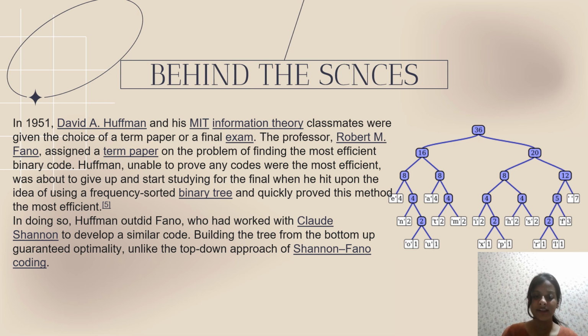Huffman, unable to prove any codes were the most efficient, was about to give up and start studying for the final when he hit upon the idea of using a frequency sorted binary tree and quickly proved this method the most efficient. In doing so, Huffman outdid Fano, who had worked with Claude Shannon to develop a similar code. Building the tree from the bottom up guaranteed optimality, unlike the top-down approach of Shannon-Fano coding.